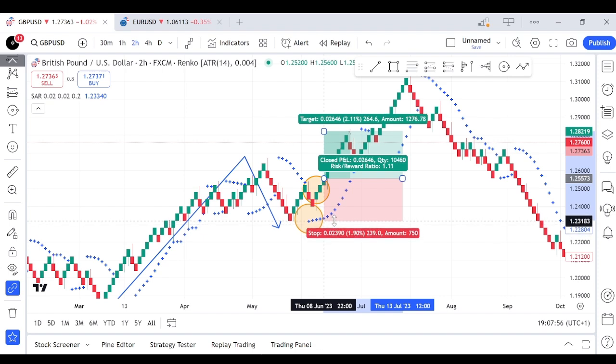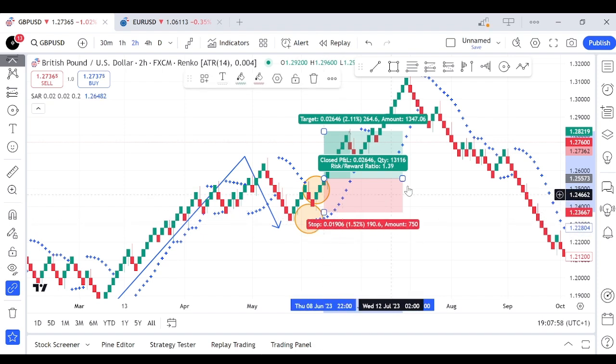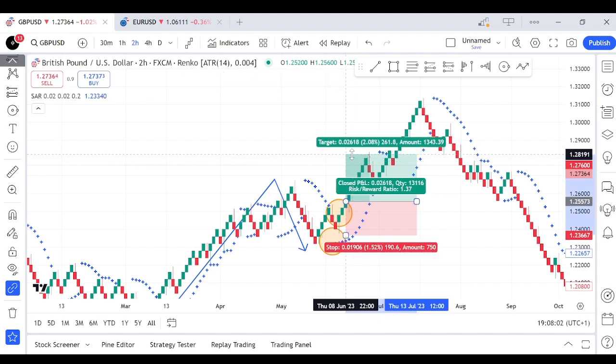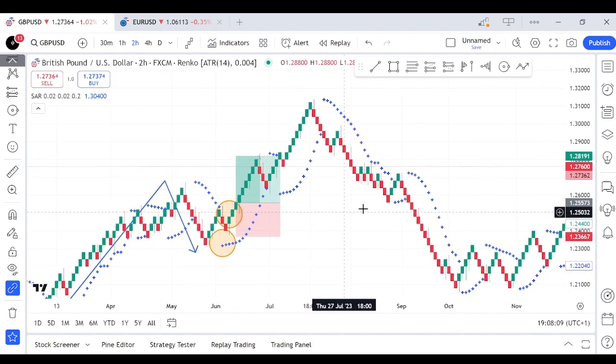Your stop loss just below the swing low right there, and your take profit should be where you see the parabolic SAR dots above price. So that is one way you can use it.